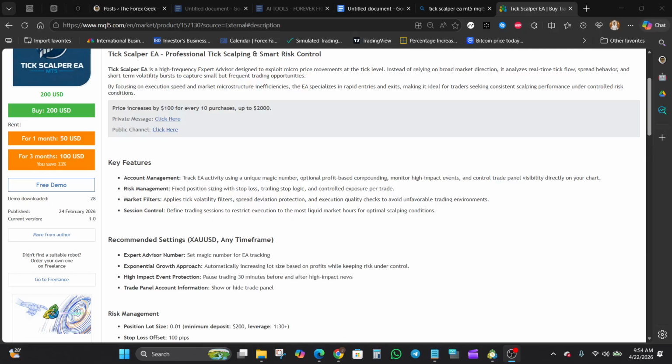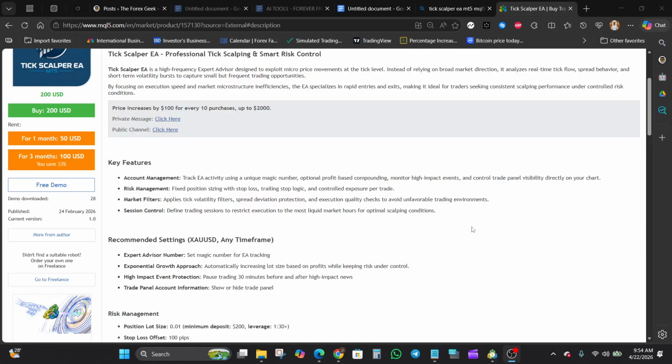The advantage here is precision. You are getting very fast entries and exits. But the downside is that this kind of system is extremely sensitive to execution quality. Things like slippage, spread widening, or broker delays can significantly affect performance.